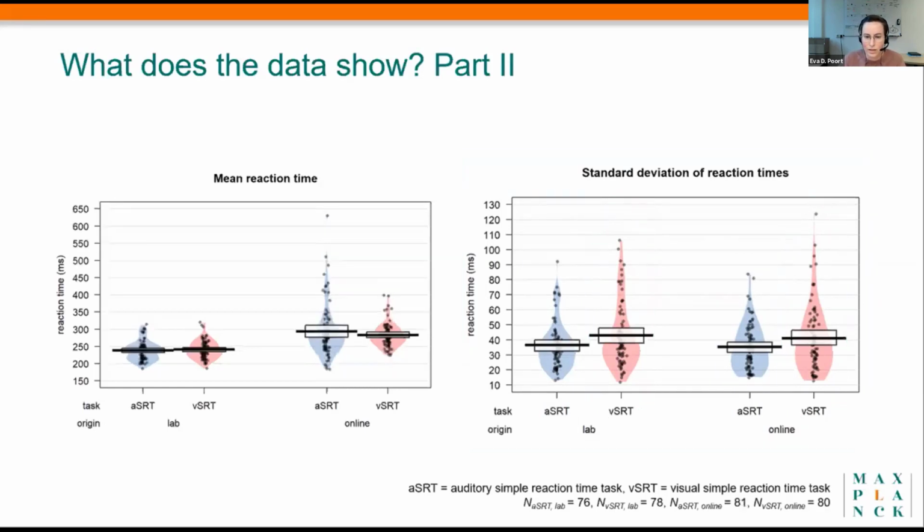So we actually had to run our pretest again because we had to make some changes to the initial design. So we ended up replicating our findings and reproducing them. As you can see here, the pattern in the data looks almost exactly the same as in the previous graphs that I showed you.